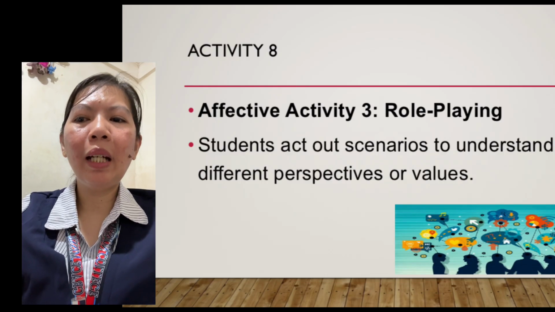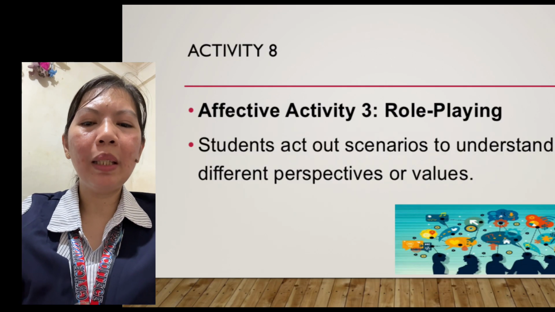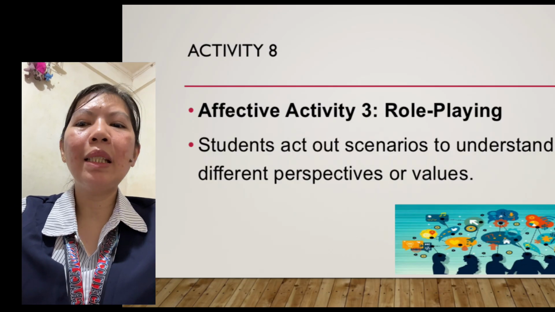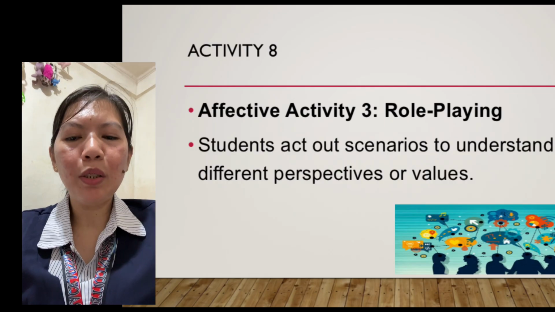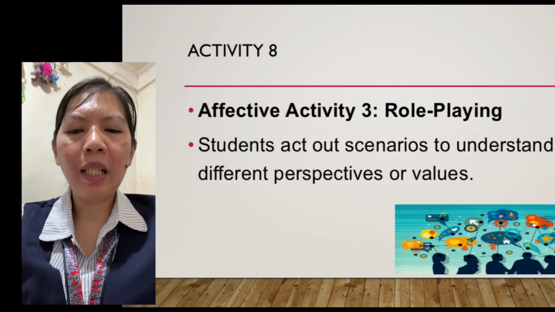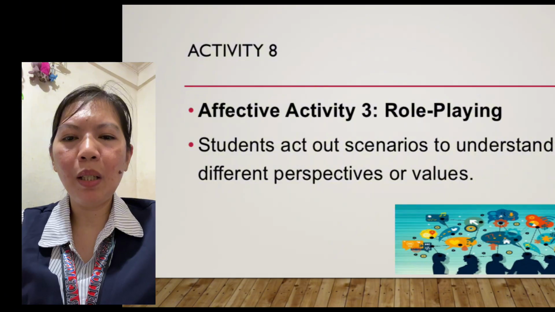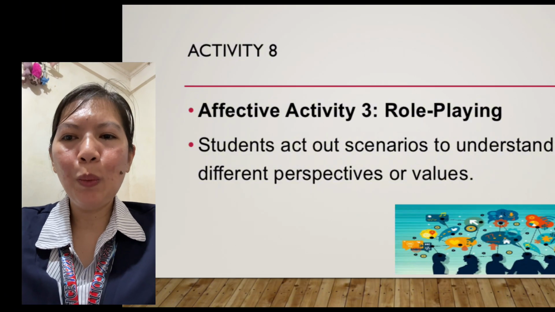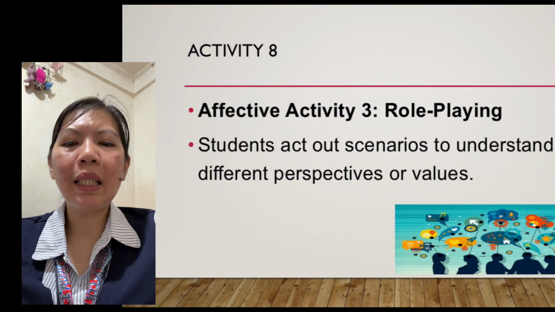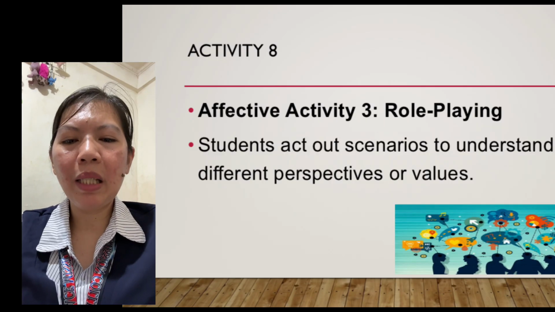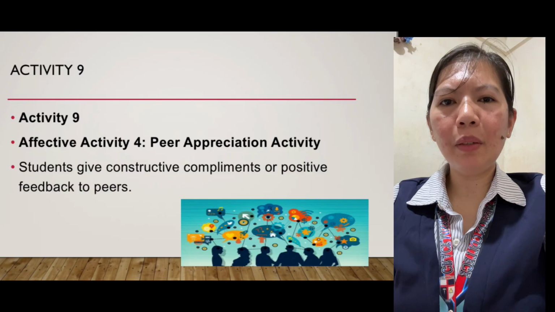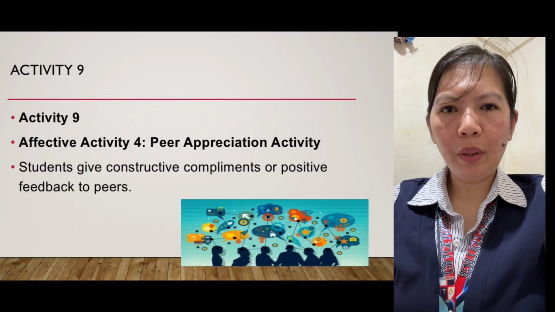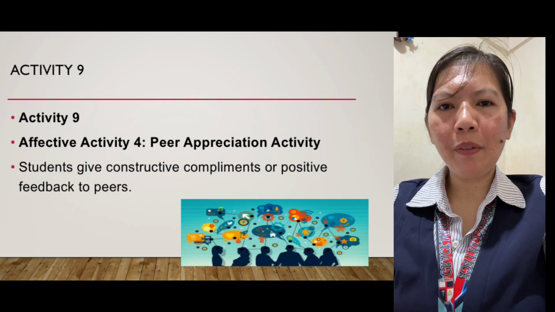When the learner acts responsibly when completing tasks, it is characterizing, and when the student acts with honesty in all situations, it is characterizing. So these activities belong to the affective domain because they have the highest level, characterizing. Okay, we're done with activity number 8, which is the number 3 learning activity of affective learning.